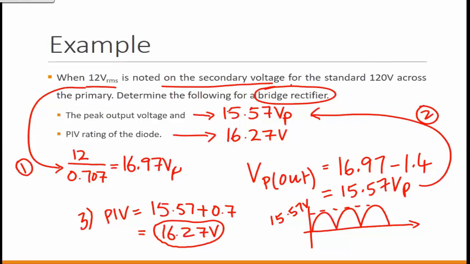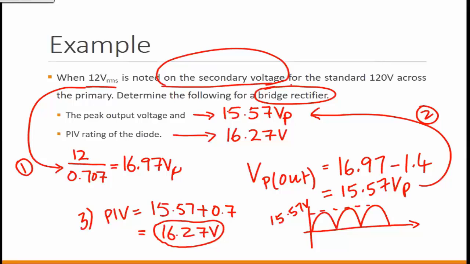But just be careful. In some problems the secondary voltage will be given to you, like in this one, so you don't need to calculate. But if it's not given, then you will see the turns ratio. In this problem as well, you don't see the turns ratio, correct? So that's one way to tell that something is already given.